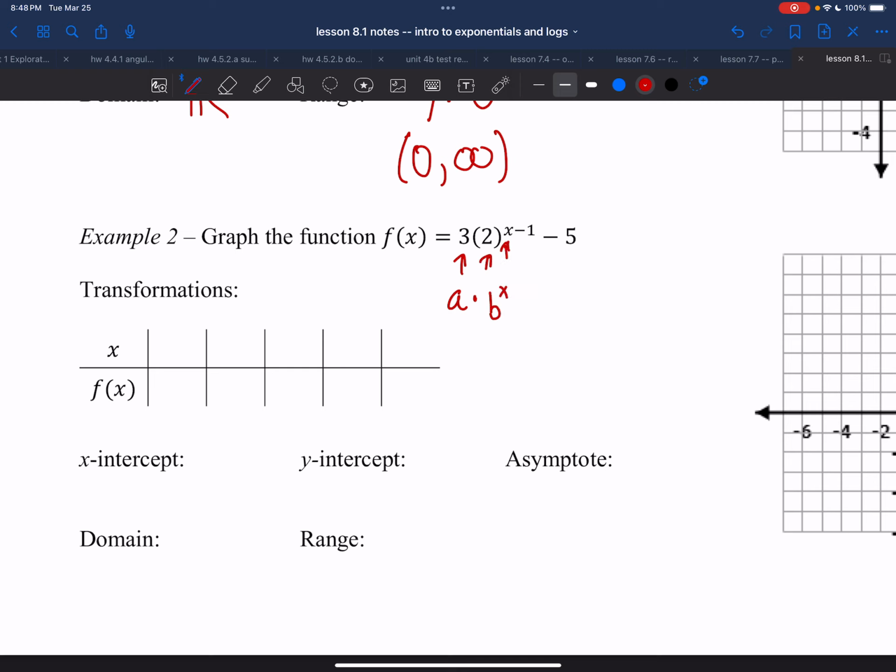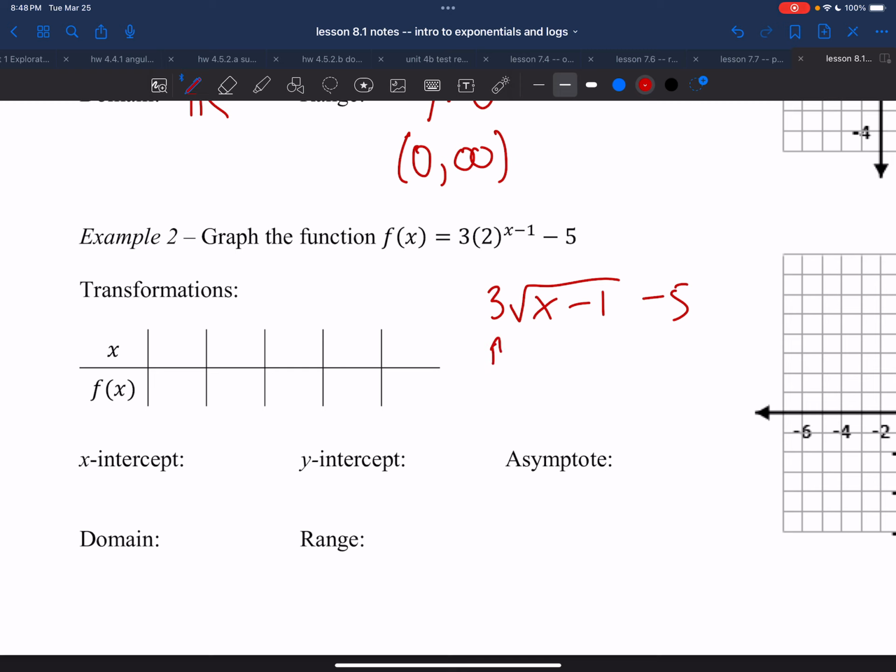But there's a few other things going on here because the exponent is actually x minus 1, and then there's a constant minus 5 subtracted from the expression, yeah?